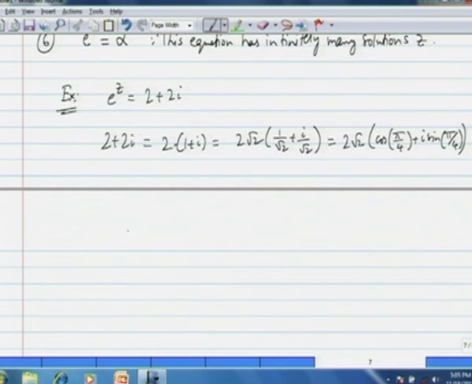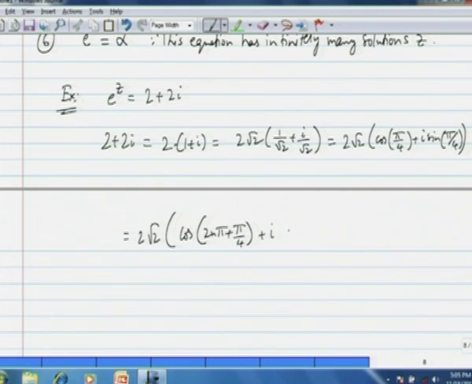Or this is likewise equal to 2 root 2 times (cosine of 2n pi plus pi by 4 plus i sine of 2n pi plus pi by 4), because cosine and sine are of period 2 pi.